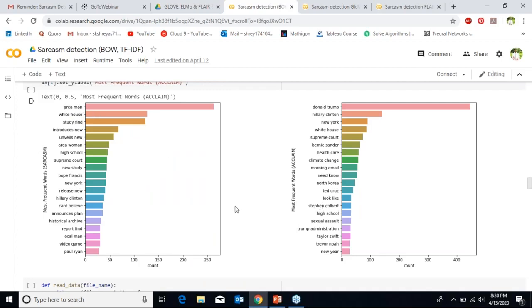From these plots you can't infer anything, because sarcasm means you are referring to the opposite of what you really want to convey. So just by seeing these unigram or bigram frequency plots, you can't infer anything.